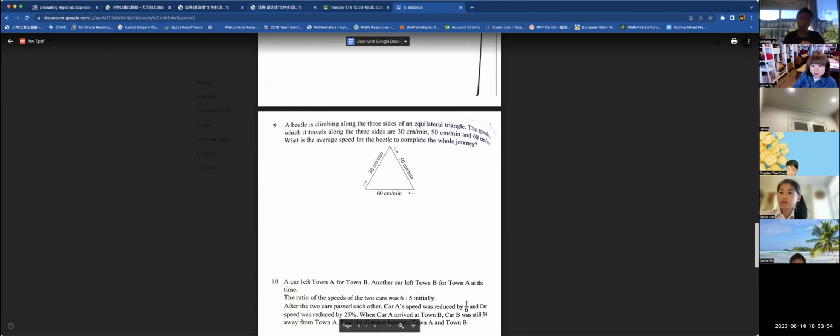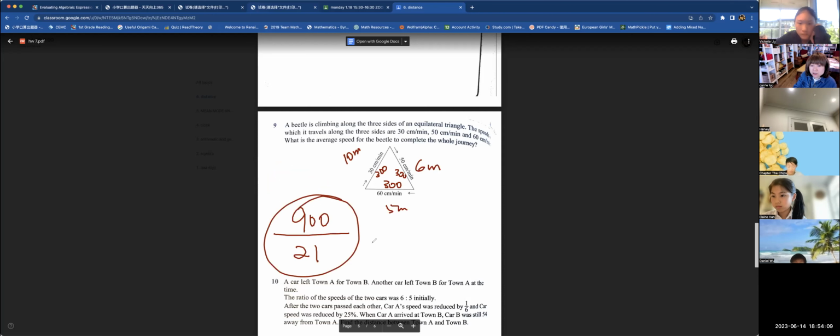I'll take 300, 300, and 300 for each side. So the times to finish each side are 10 minutes, 6 minutes, and 5 minutes. So 900 divided by 21 is the answer in meters per minute. Average speed is total distance divided by total time. Get it, Victoria?